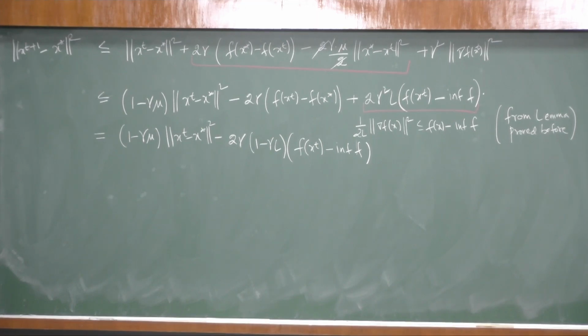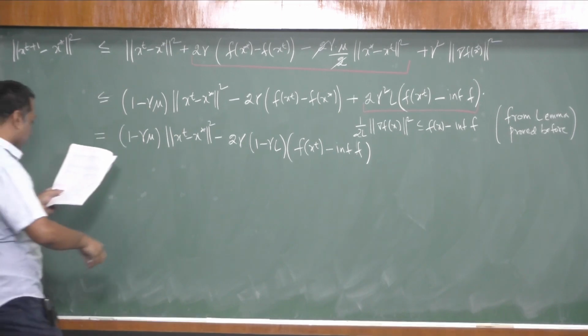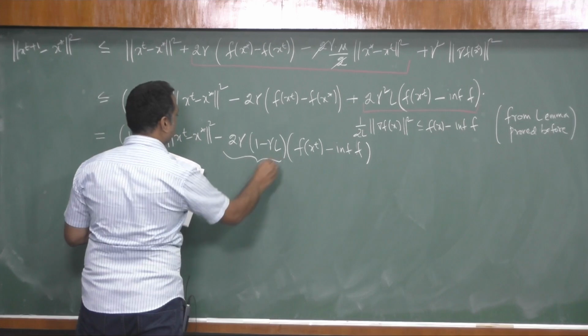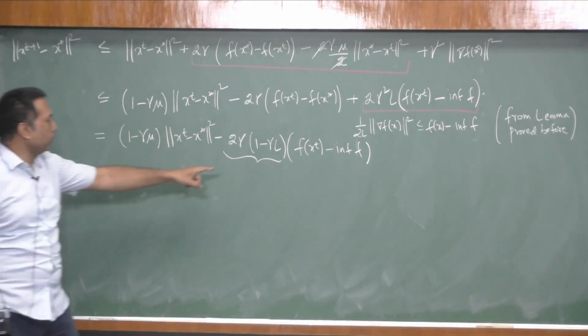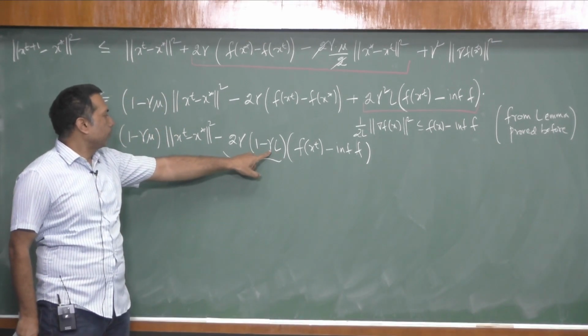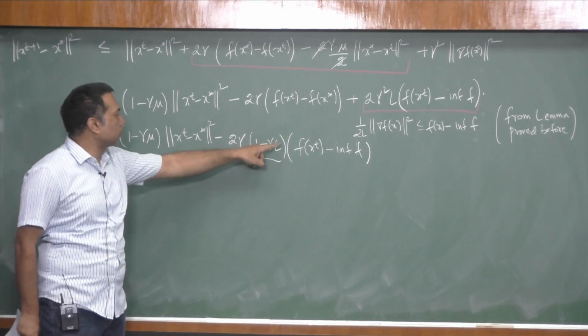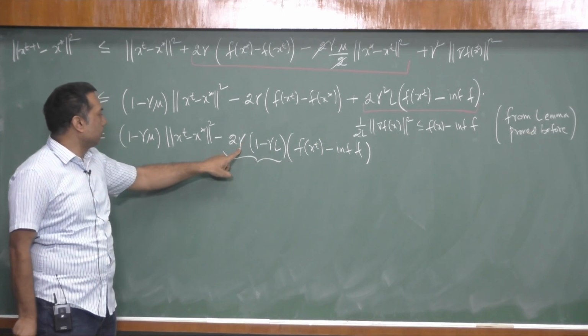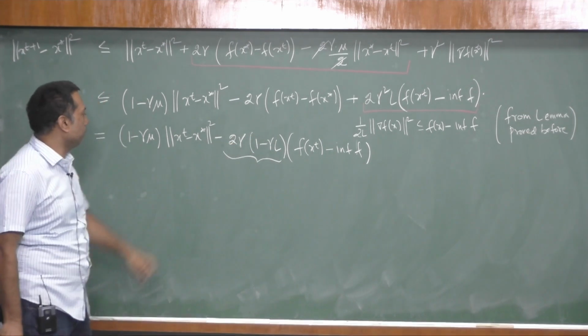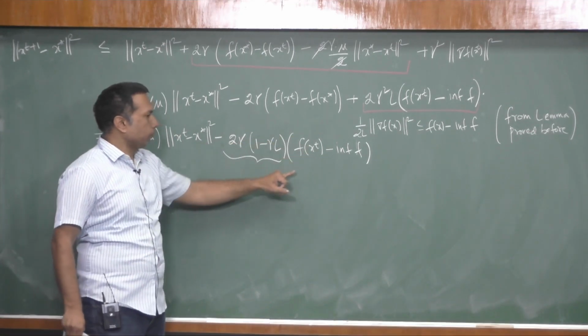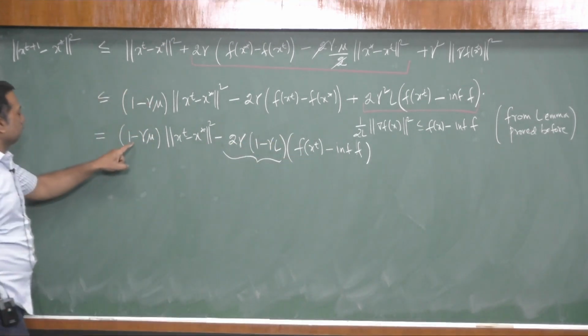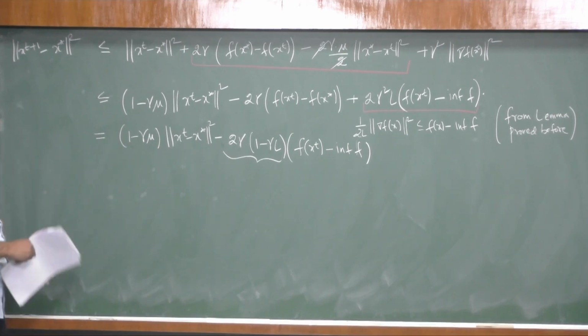Now let us look into this. Since gamma is less than or equal to 1 by L, the claim is this guy is negative. So gamma being less than 1 by L means gamma L is less than 1. Gamma L less than 1 means 1 minus gamma L is positive, and gamma is positive anyway. So overall this is surely a negative quantity. If I drop the negative quantity, then it will be less than or equal to this.